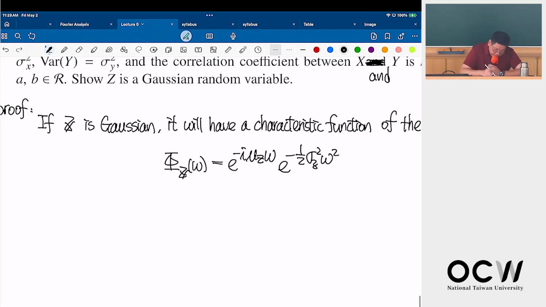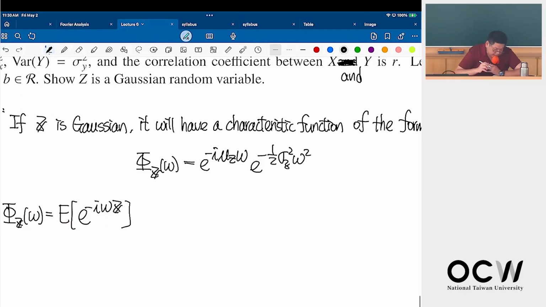So here I have the characteristic function of Z. By the definition, that's the expectation of exponential to the minus i omega Z. What is Z? Z is a combination of X and Y, so here we can replace Z by AX plus BY.